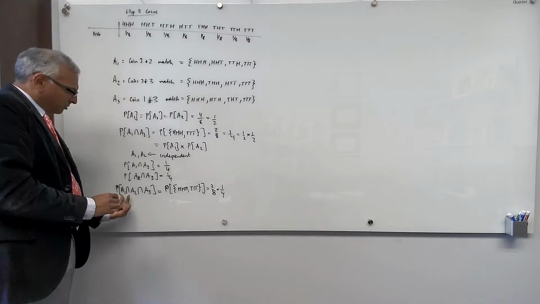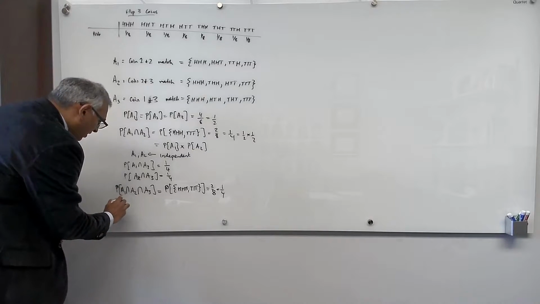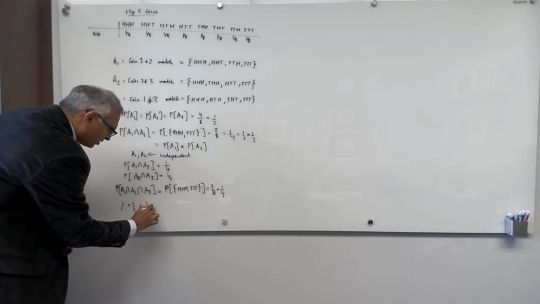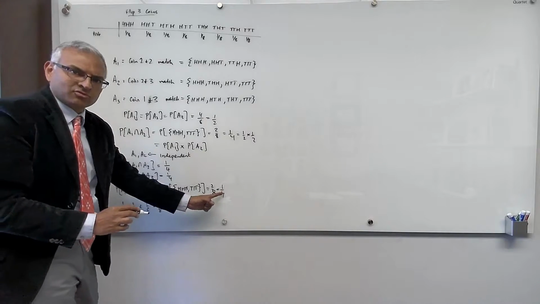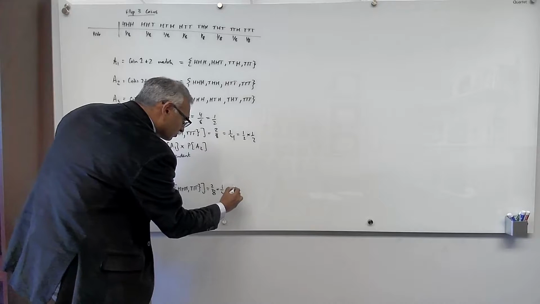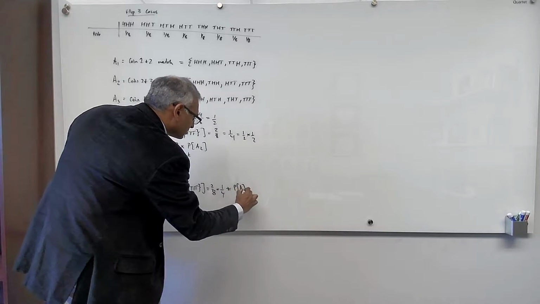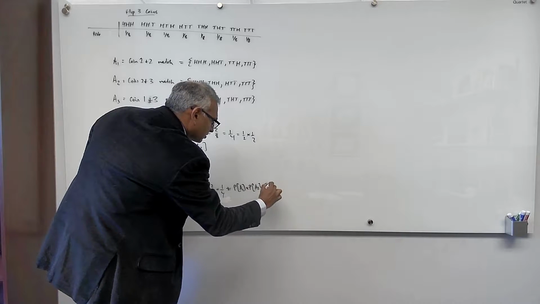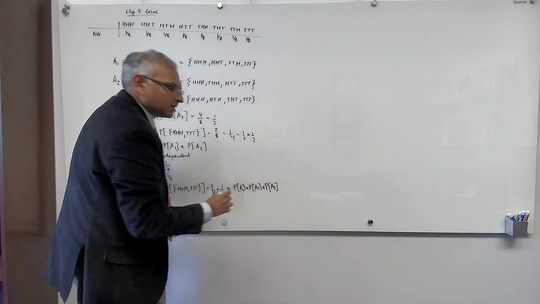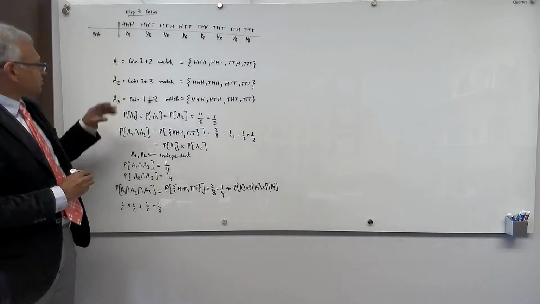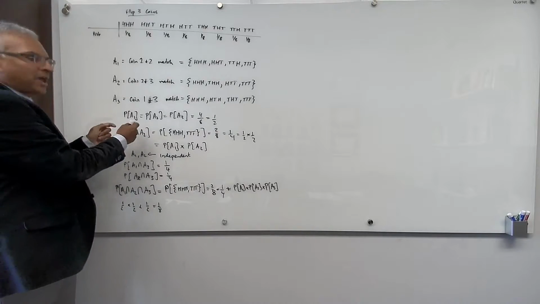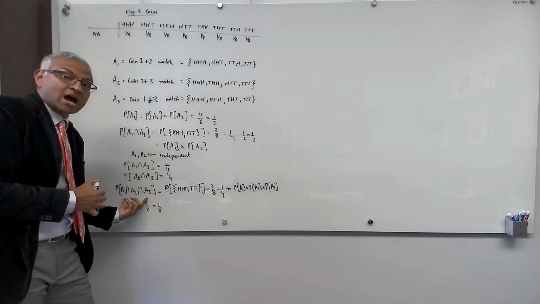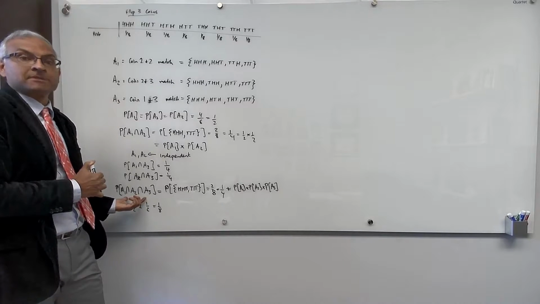But the probability of each individual event is 1/2, and the product of these 3 is 1/8, not 1/4. So this is not equal to the probability of A1 times A2 times A3. That's interesting. Here is a situation of 3 events where any pair of them are independent, but the 3 of them taken together are not independent. And that's possible.